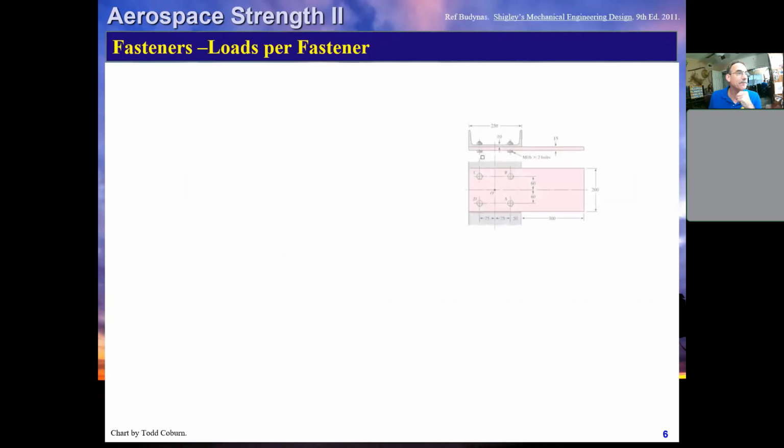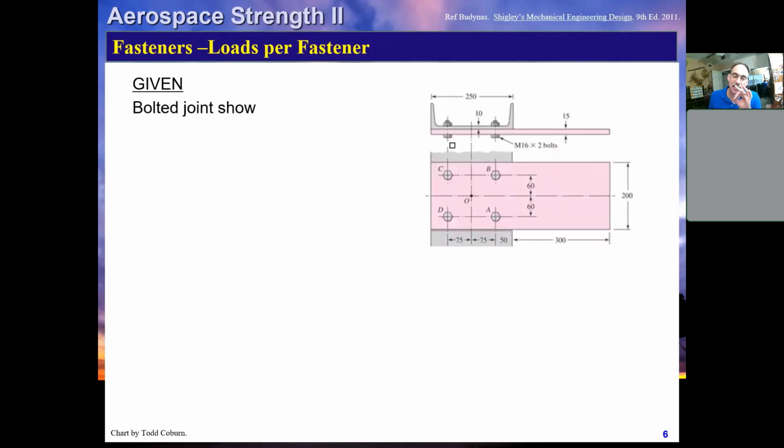Okay. So now that we've refreshed our memory about basic bolts and preset the groundwork for how we're going to analyze these puppies, we're ready to go back and look at a simple joint. If all these fasteners have the same diameter, then this load passes through the centroid of the pattern, which means it's going to be equally distributed between the fasteners.